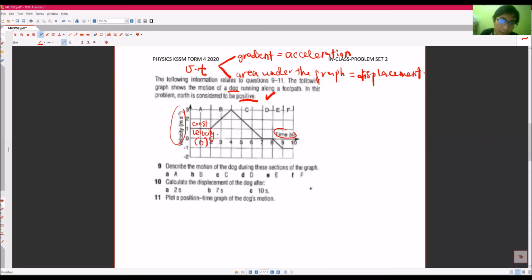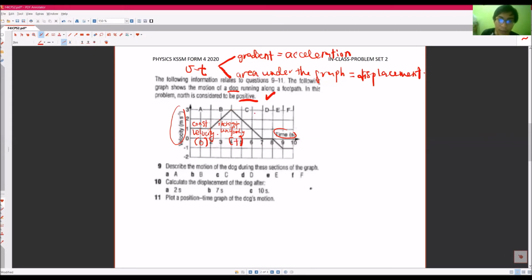Now the velocity is increasing uniformly. So it has a constant gradient towards the positive direction, so it has positive, constant acceleration.